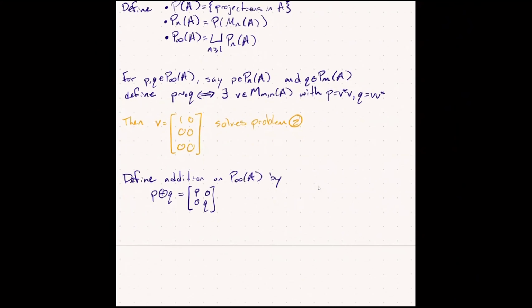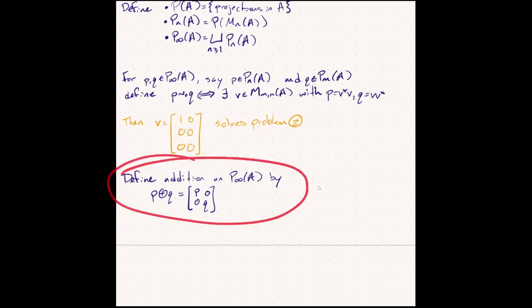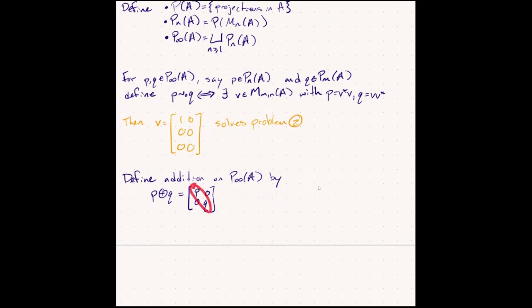So where were we? We were talking about how to define an addition on the matrix amplifications of A. The way that you do that is you stick your two projections on the diagonal of the matrix. For example, the two projections that we saw earlier that we could not add previously and still get a projection, the way that you add them now is you put them on the diagonal of a larger matrix.